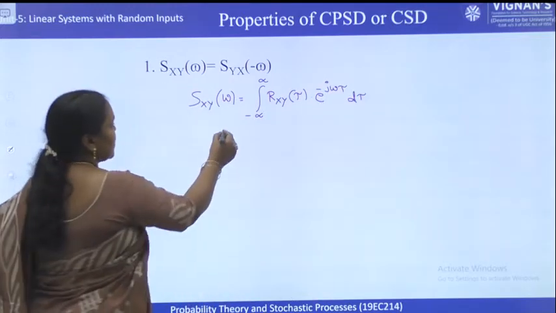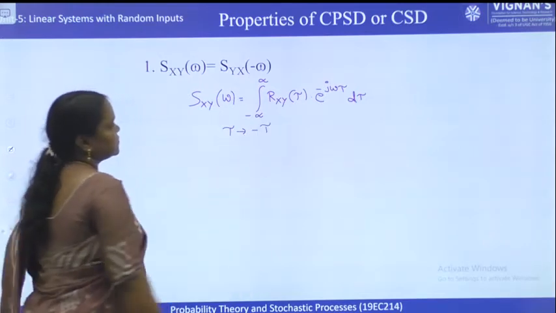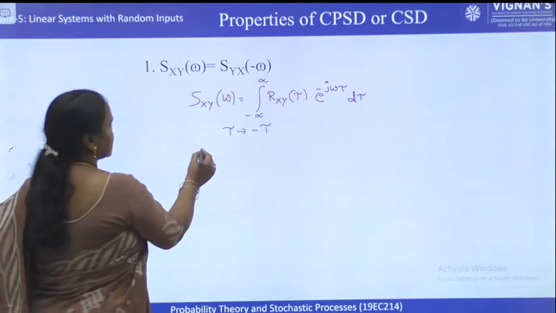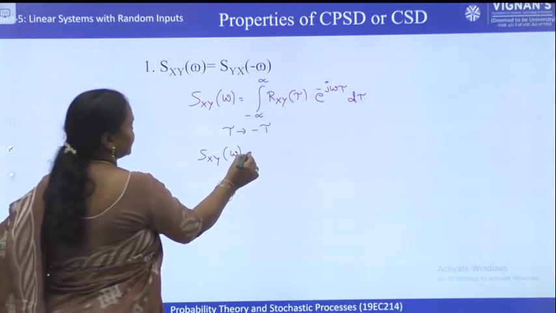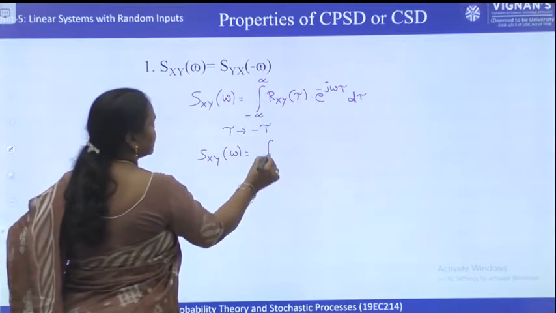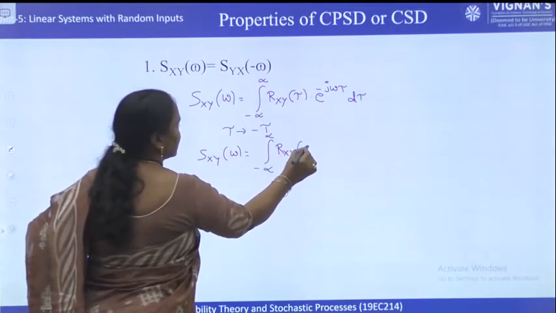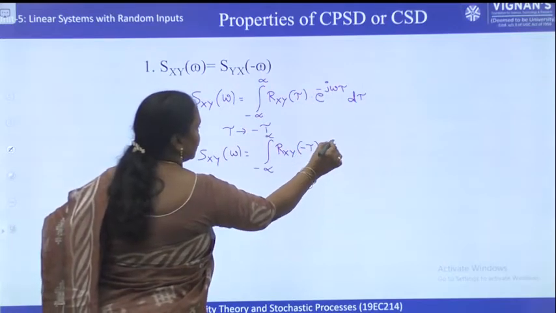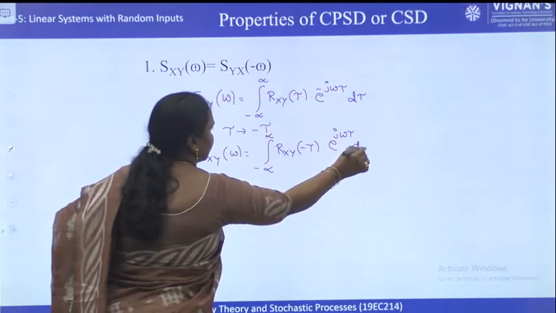Now, if I replace tau with minus tau, then what happens? Sxy of omega is equal to integral minus infinity to infinity r xy of minus tau into e power j omega tau d tau.